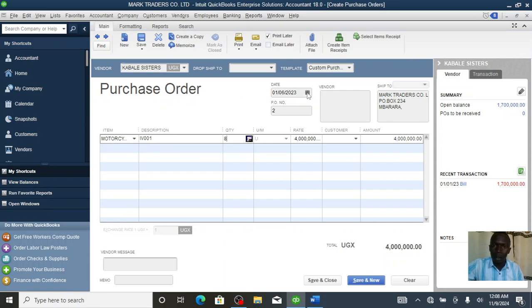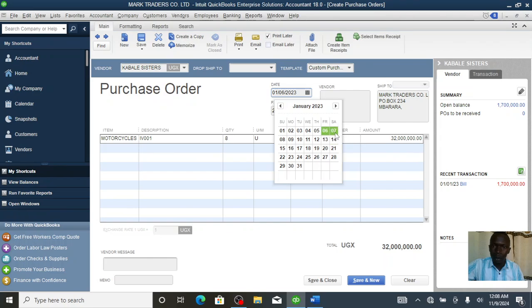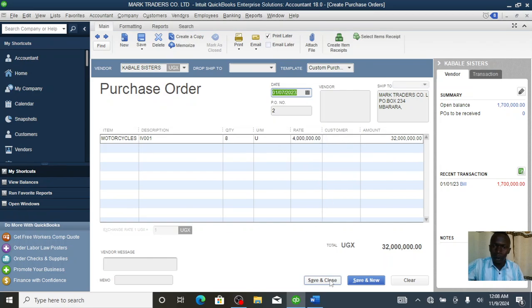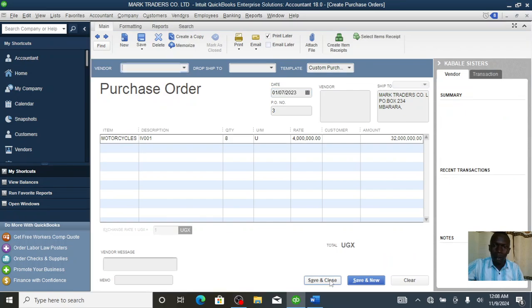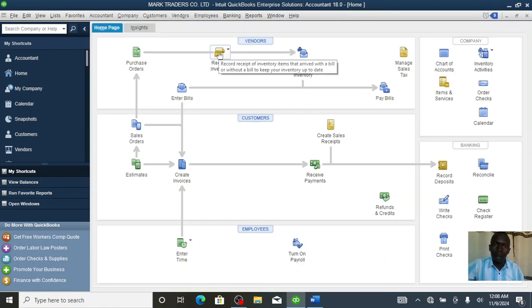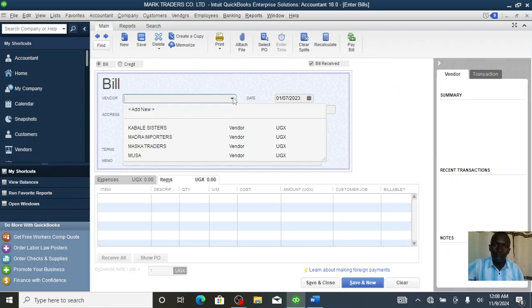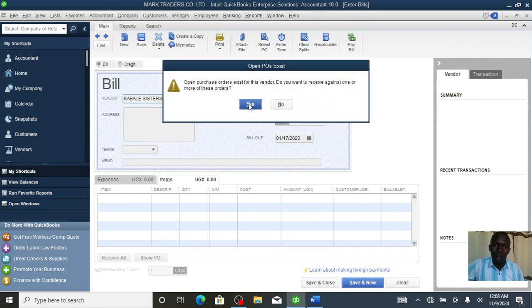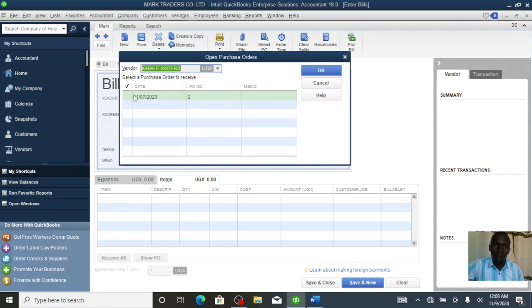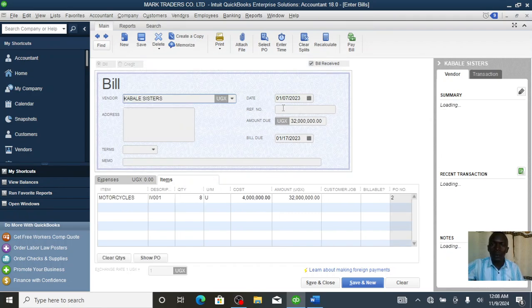Then the date is on 7th. Then we save and close. Then we receive inventory with a bill. Our vendor is Cavalry Sisters. Yes, check this. Okay, then we save and close.